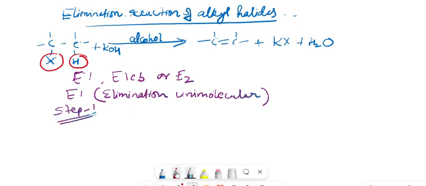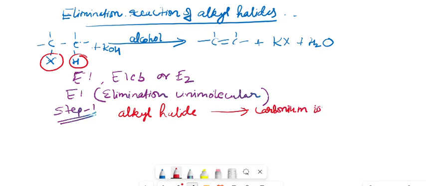In the first step, alkyl halide forms the carbonium ion.